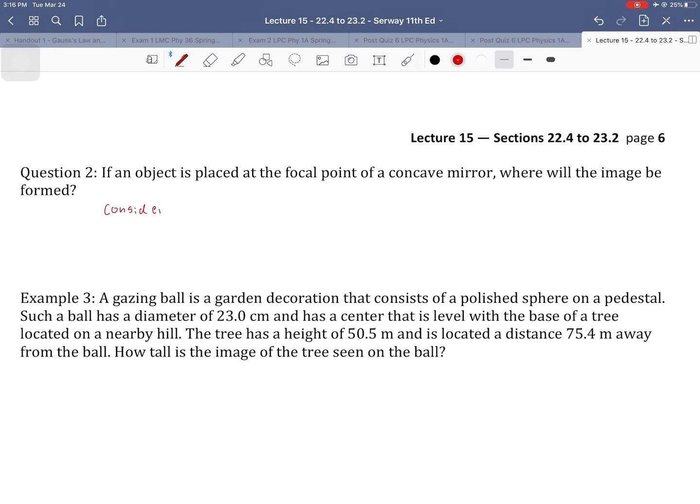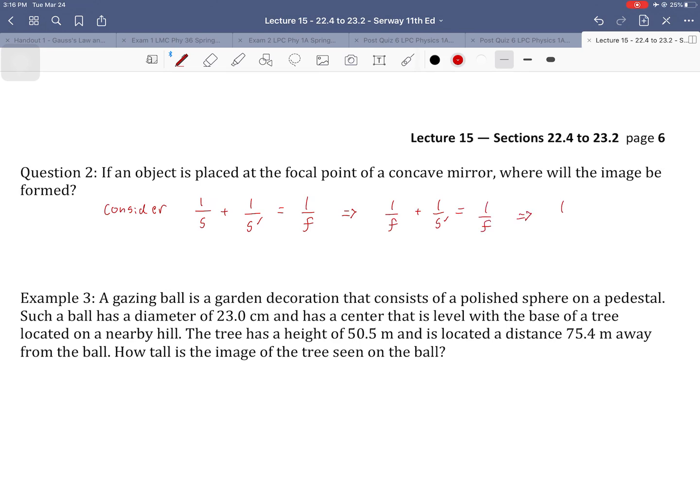So consider 1 over s plus 1 over s prime equals 1 over f. So object length, image length, both measured from the mirror, and then focal length. Well, in this case, we have s equal to f. So it would become 1 over f plus 1 over s prime equals 1 over f.